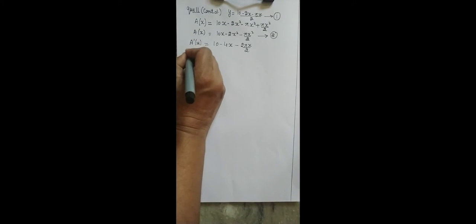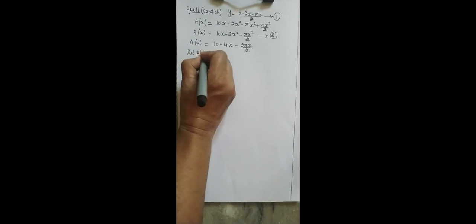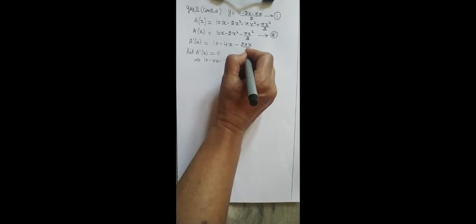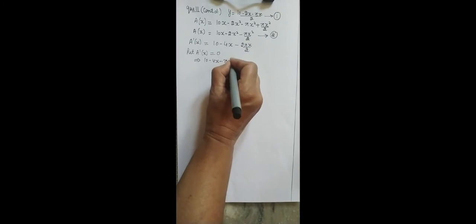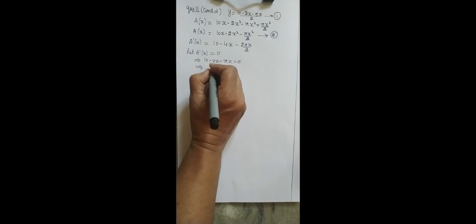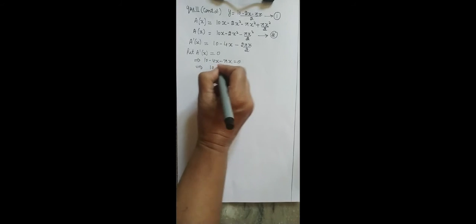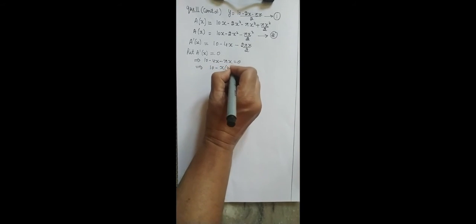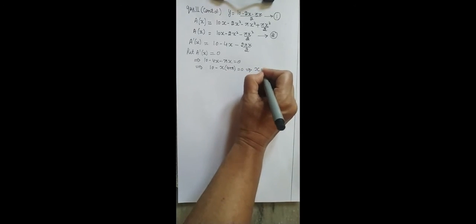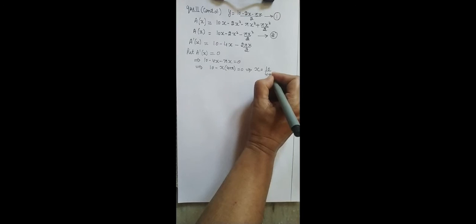So now put derivative as 0, which gives me 10 minus 4x minus pi x is equal to 0. So the equation can be written as 10 minus x into 4 plus pi is equal to 0, which gives me the result that x is equal to 10 upon 4 plus pi.